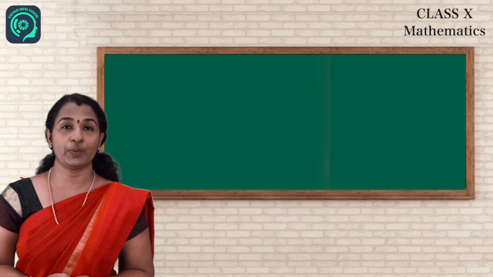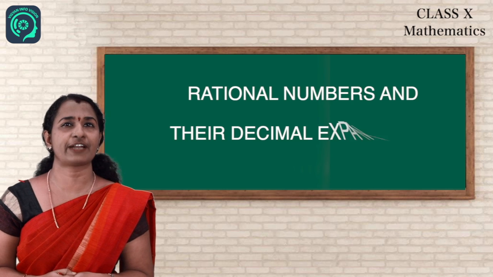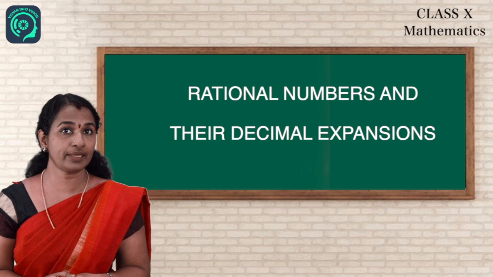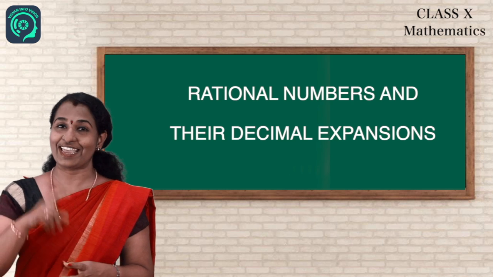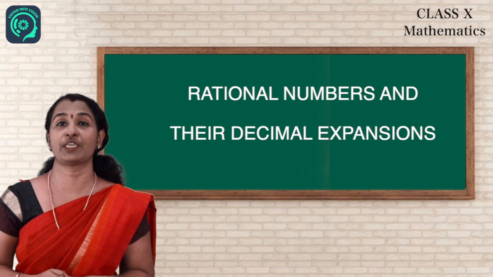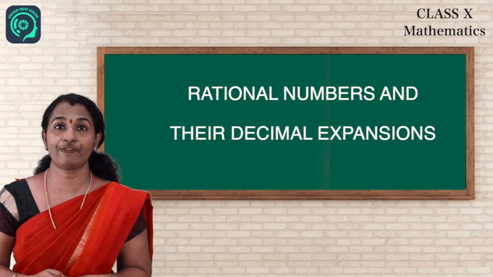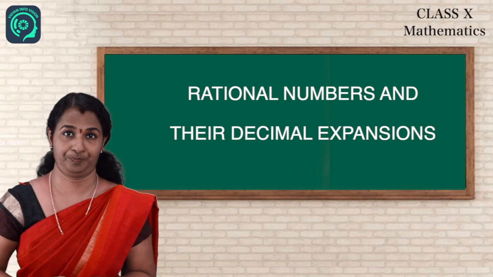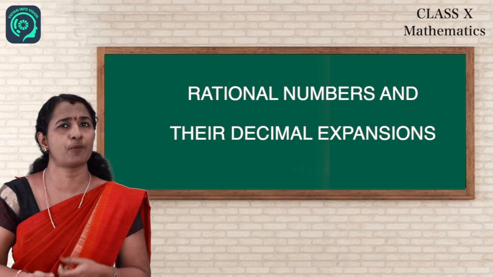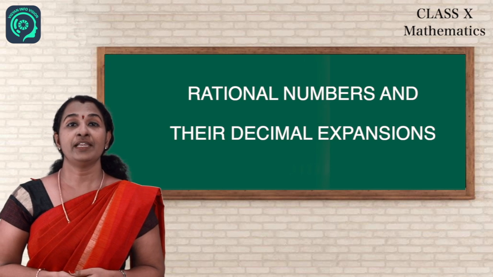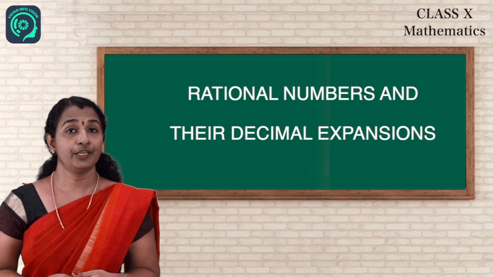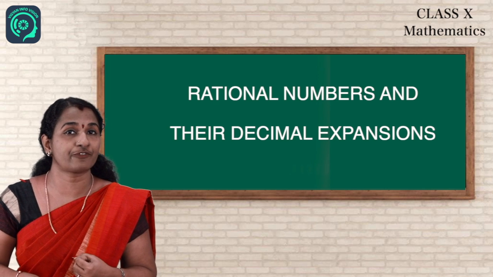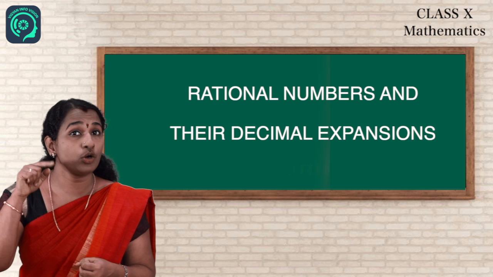Now we are going to deal with the decimal expansions of rational numbers. You know what a rational number is? Yes. A rational number is a number which can be expressed in the form p by q. You have learnt this in smaller classes. Now, in class 9, you learnt the decimal expansions of rational numbers by the long division method.